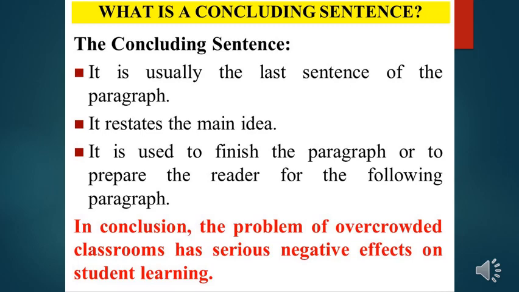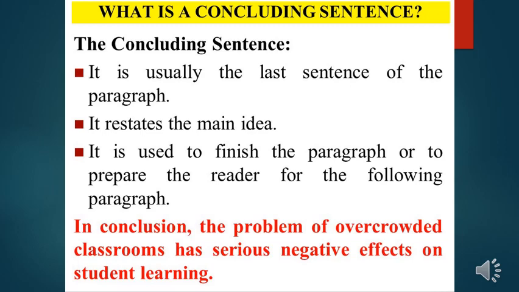Let's move to a concluding sentence. A concluding sentence is usually the last sentence of the paragraph. What's the function of this sentence? The function is to restate the main idea or to summarize the main idea. It is used to finish a paragraph or to prepare the reader for the following paragraph.